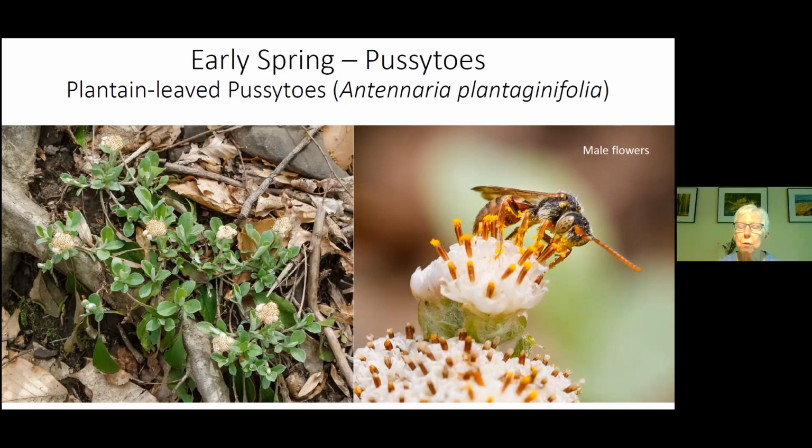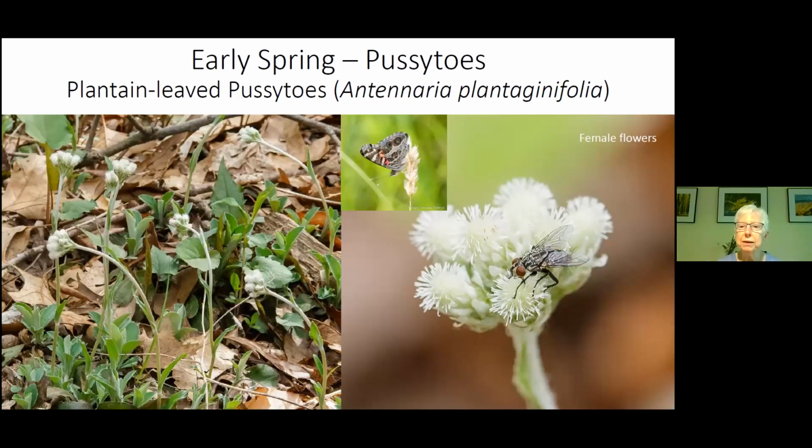So it's really helpful for cross-pollination, to attract pollinators to come visit, which in the previous slide we saw a bee visiting the male flowers, and here we've got a fly visiting the female flowers.